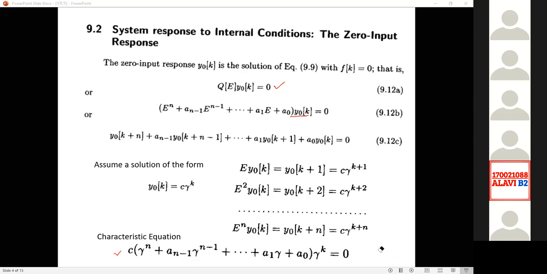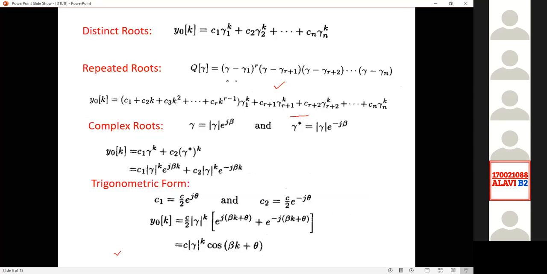In the same way, we can categorize the response of a discrete time system by examining the roots of this characteristic equation. Let us see what the possibilities are. Although these things are not new to you, we can still revisit them. So the roots of this equation can be distinct. Distinct means they are separate. They can be negative or positive, we don't know, but they are distinct.